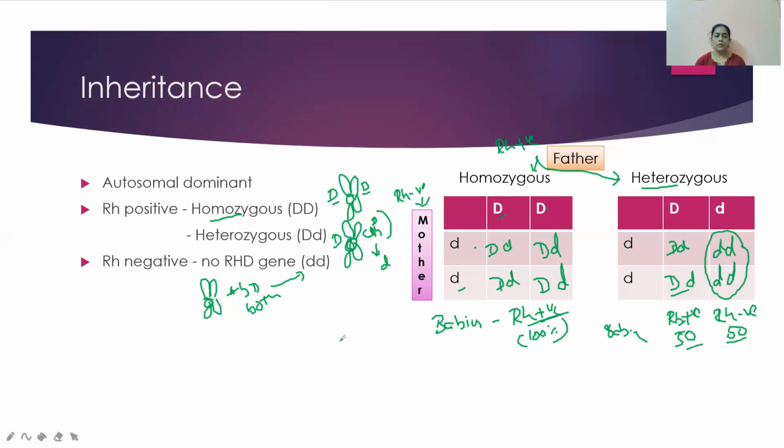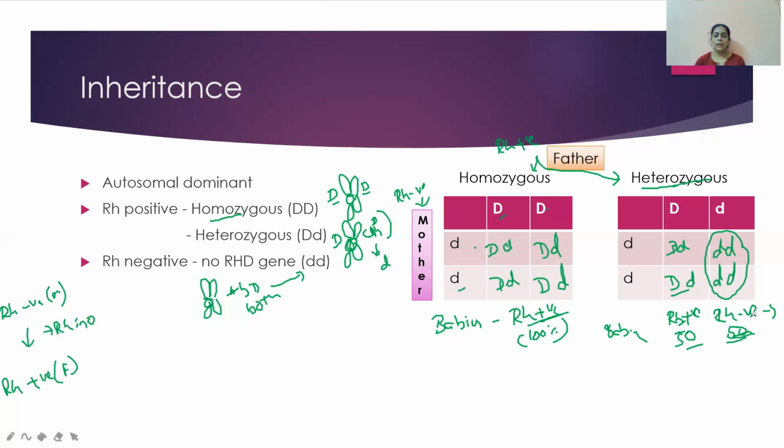Okay, so why do we have to know this? Because I told in my first slide that if an Rh negative mother has an Rh positive fetus, it leads to Rh isoimmunization. So if the father is heterozygous, the risk is reduced by 50%, because there is a 50% chance of the baby being Rh negative.